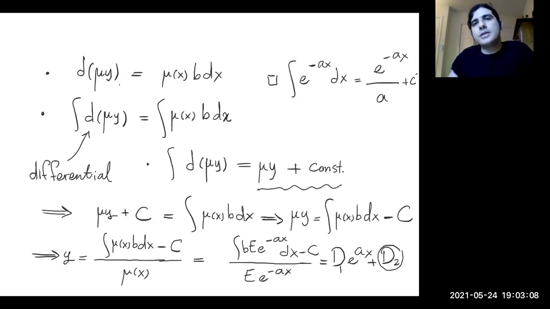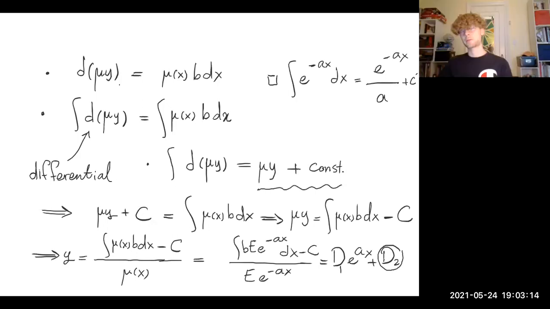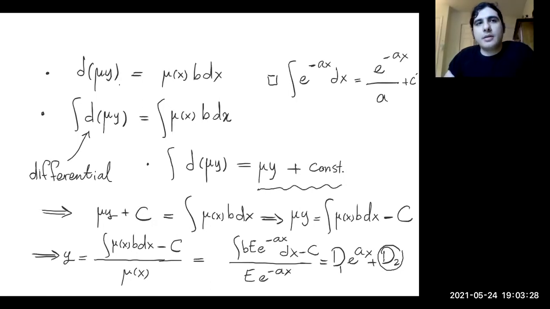Okay, is there any question here about this method? So I assume the reason that we're doing it this way is because we want to extend this to when a and b are constants. Well, a and b are constant here.